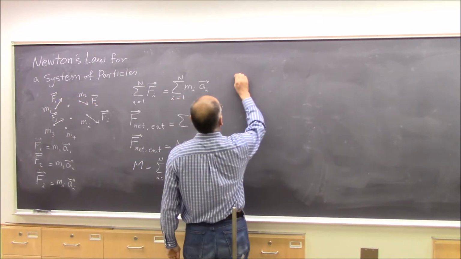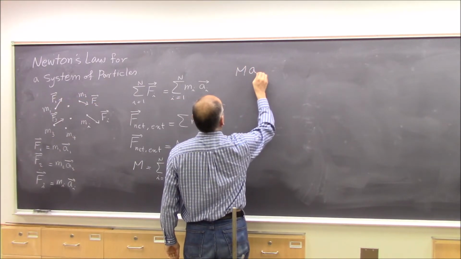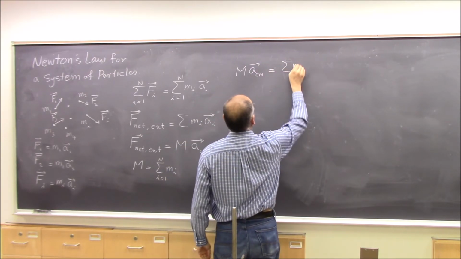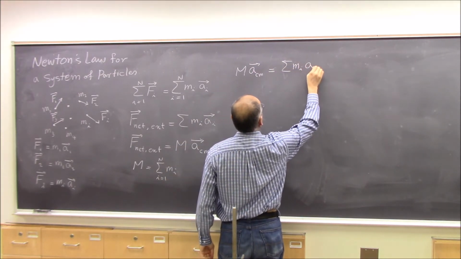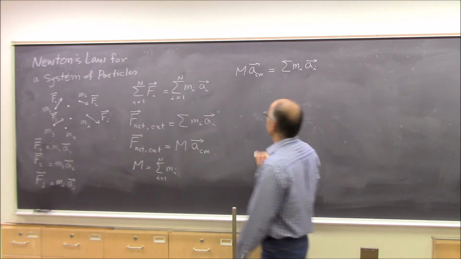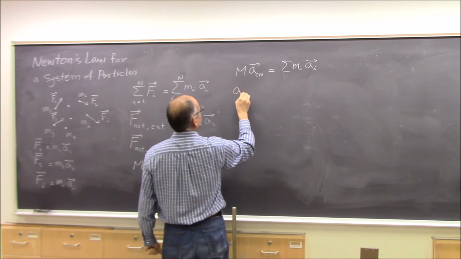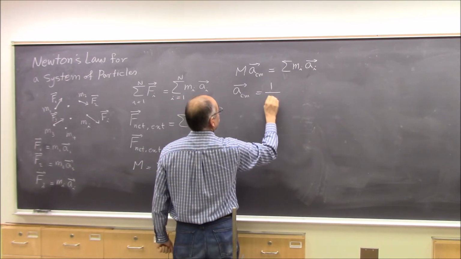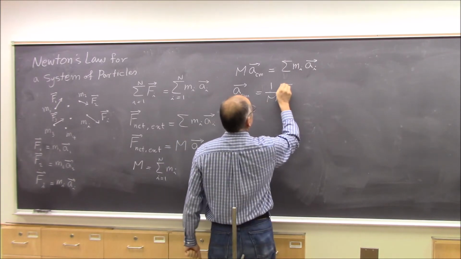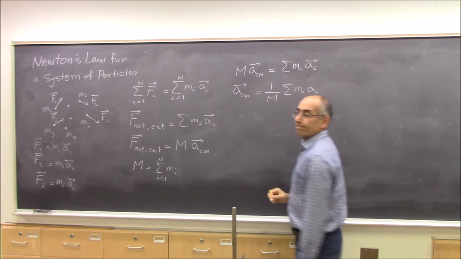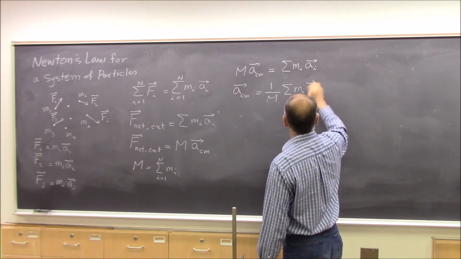So now we see that M times the acceleration of the center of mass should be equal to the sum of Mi Ai. Or if you divide by M, the acceleration of the center of mass should be equal to 1 over M, the total mass of the system, times the sum of Mi Ai. And this is a vector formula.